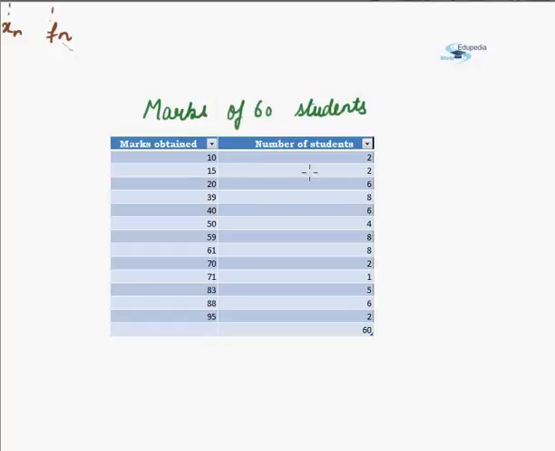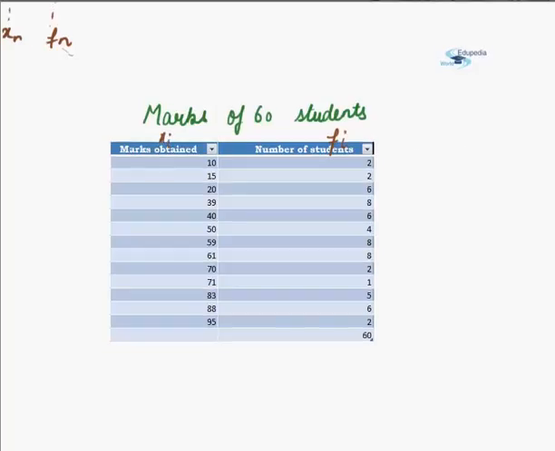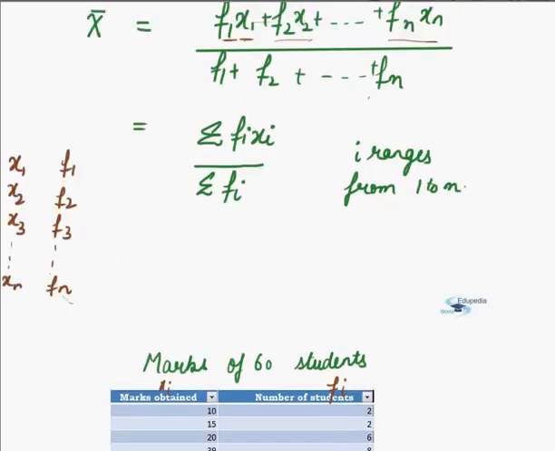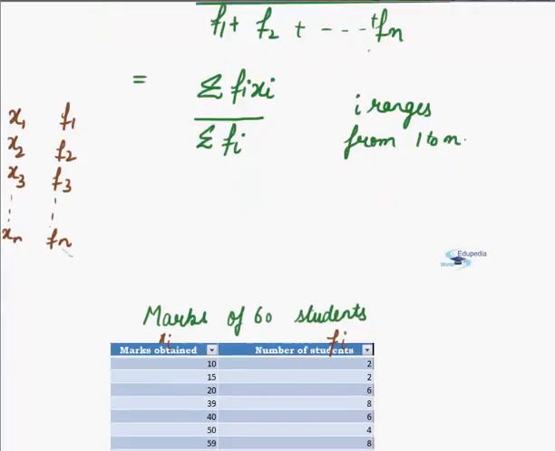If we need to calculate mean for such data, first of all let us label this column of frequencies by fi and this observation by xi. Then according to the formula, we'll be needing the products f1 x1, f2 x2 and so on.